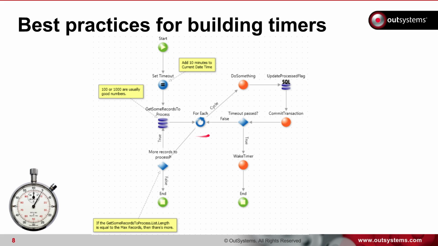You then iterate each result row, and you repeat for each cycle whatever you need to do. You do something, and you update that row on a specific flag. You should need to have an attribute there that says whether this has been processed or this has not yet been processed.